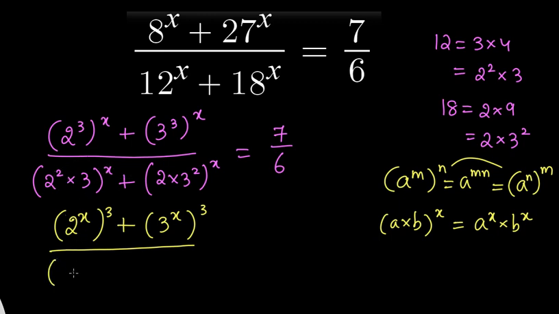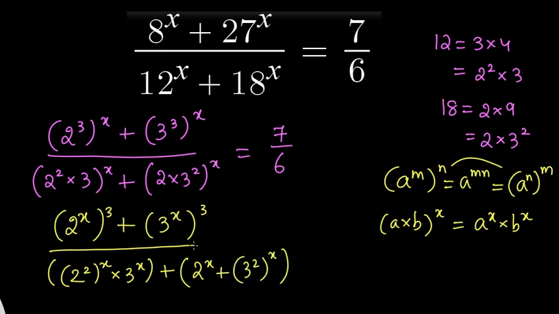We have (2^2)^x, distribute x with 2 squared and 3, so we have times 3^x as well. Plus, here also we distribute, so it will become 2^x times (3^2)^x. This is the complete denominator, and this is equal to 7 by 6.